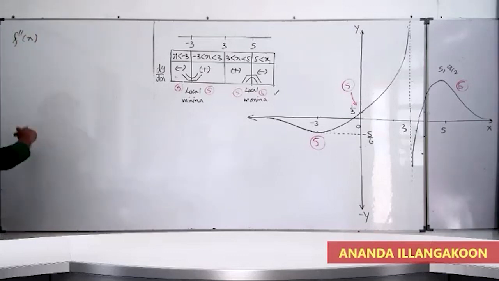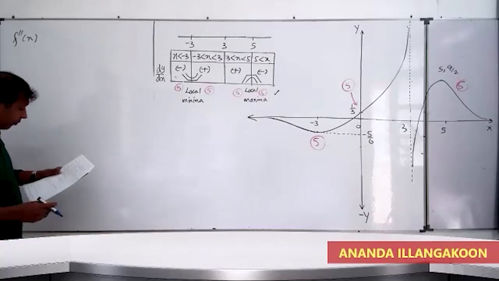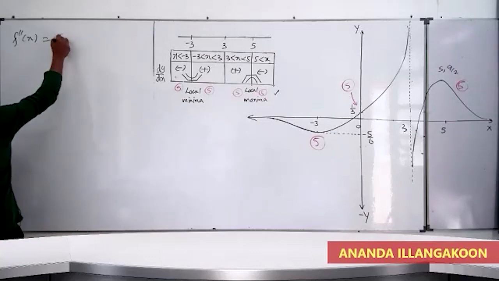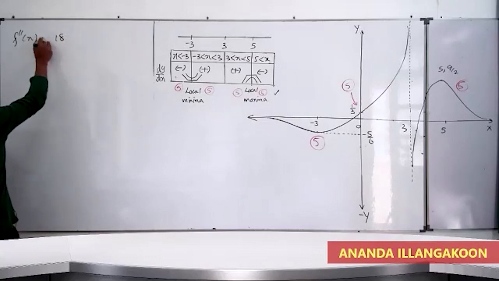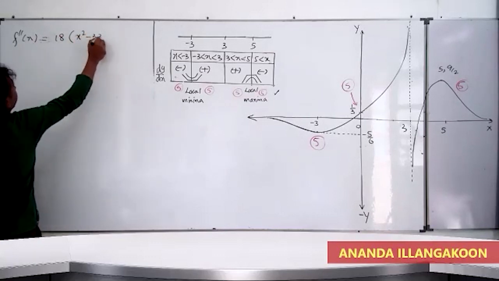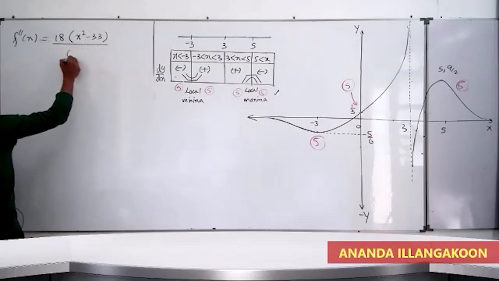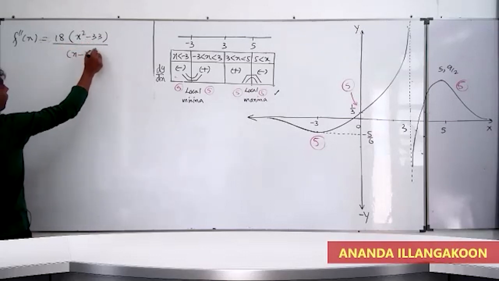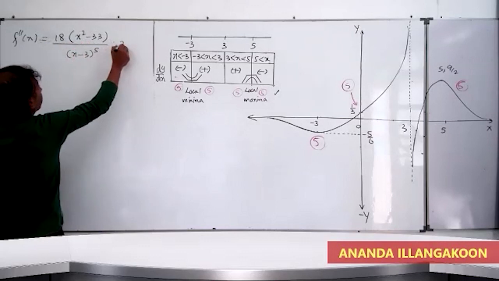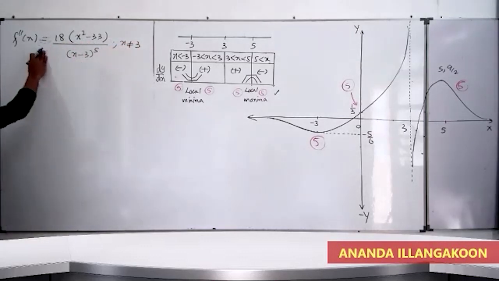F double dash x is 18 times (x squared minus 33) divided by (x minus 3) to the power 5, x not equal to 3, right?